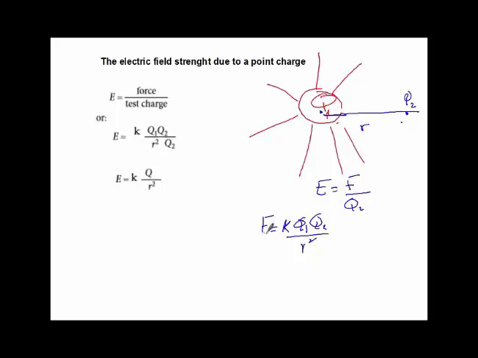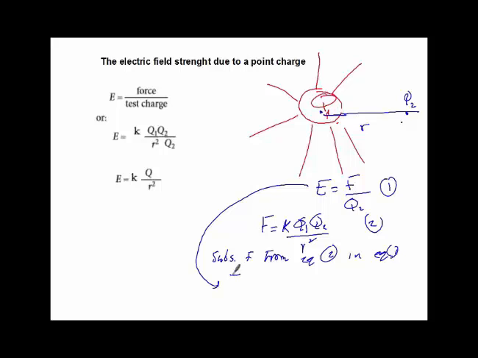Okay, let's substitute F from equation 2 in equation 1.